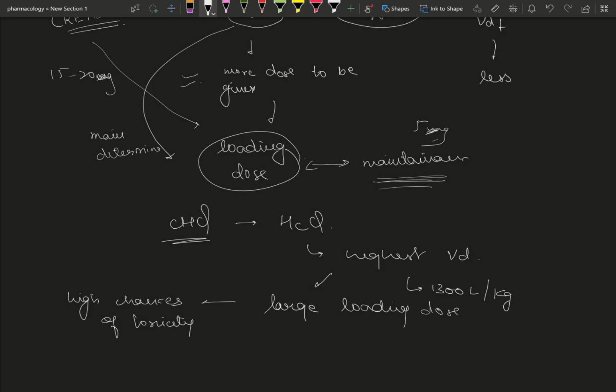This drug can very easily become toxic owing to its high loading dose, and if this toxicity occurs, it cannot be reversed by hemodialysis. Hemodialysis is a technique by which we remove excess drug if toxicity occurs, but here we won't be able to do that. Therefore, HCQ is not prescribed to the general population. It is only for healthcare workers who can understand when the drug has reached its adequate concentrations.